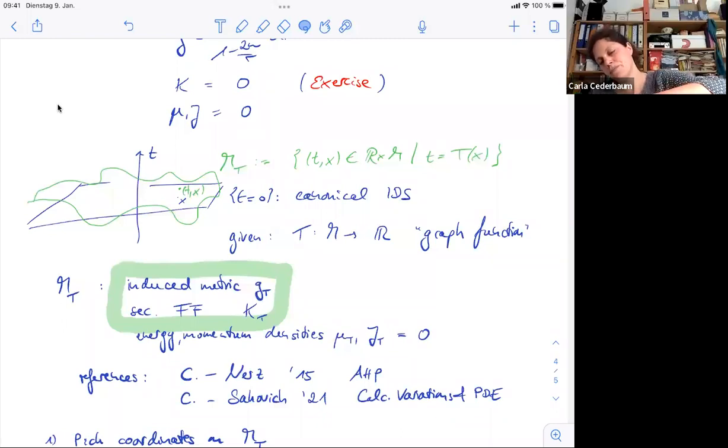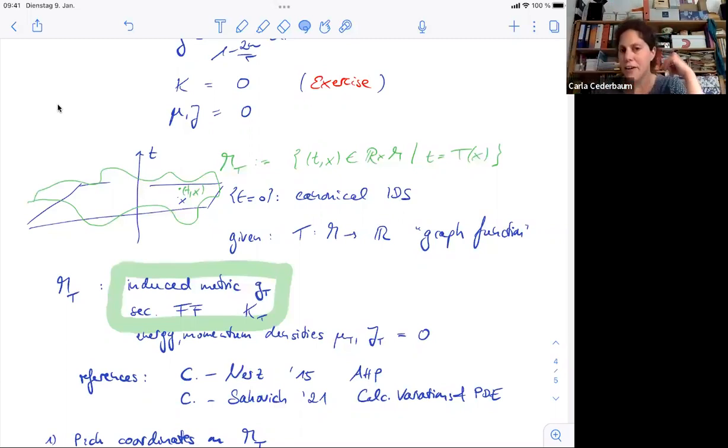And also because of the rotation or the shift in the spacetime metric, it's not clear which point in the chosen initial data set corresponds to which point in another one.